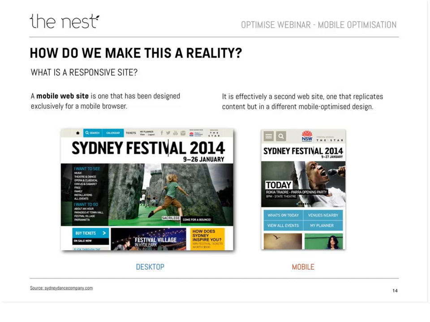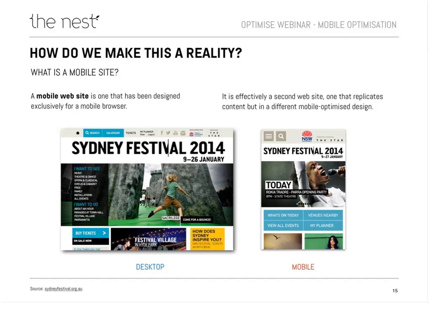But let me now go to a mobile site. A mobile site is different because it's been designed exclusively for mobile. It's effectively a second website, one that might be using the same content, but the actual underlying HTML is different. So what you end up with is effectively two websites. But generally in development they'll both use the same content management system, so you needn't worry about suddenly having to maintain two websites.